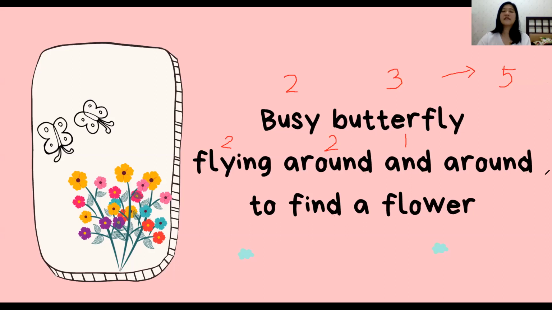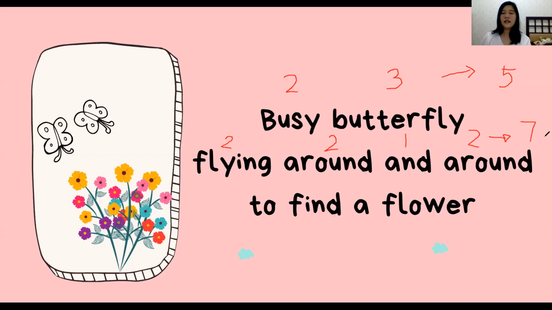Around. Okay, there are 2 syllables. Okay, so 2 plus 2 plus 1 and plus 2 make number, anybody know? Yes, 7. So there are 7 syllables on the second line.